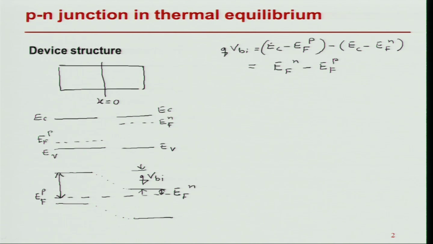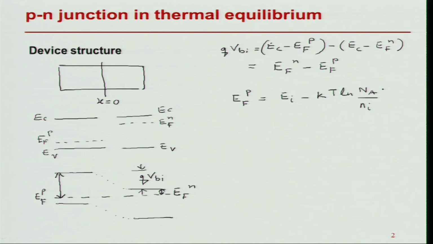I can further put it in terms of material parameters, because we have earlier learned that the Fermi level on the p type is nothing but the intrinsic Fermi level of the semiconductor we are considering, and from this point it is reduced towards the valence band and is given by Na divided by Ni.